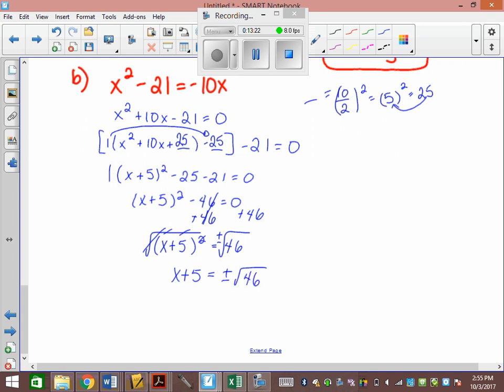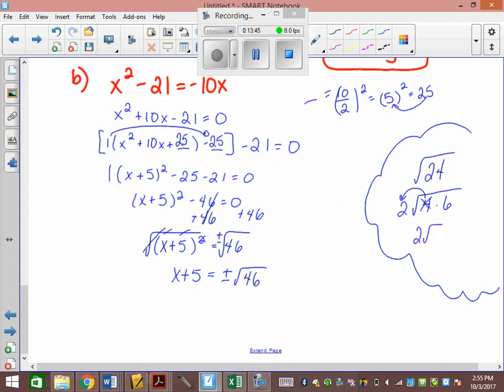Does 46 break into a perfect square to reduce? Like, 46 divided by 4 is not nice. 9, 16. Okay. If it did break down, this is a grade 10 thing again, I'm just going to show it over here. Say it was √24 instead. I've used this example a few times. You could break that down into 4 and 6. The 4 comes out, it becomes a 2, so you'd have 2√6. You'd have to do that, okay?